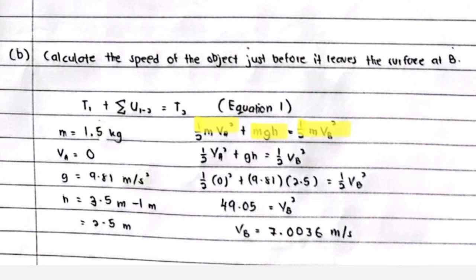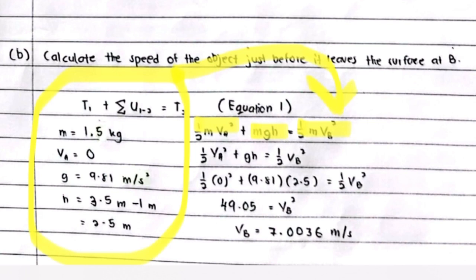Using all the data and information given, we put it into the equation we made, and we can solve and get the final velocity of the object before it leaves surface B, which is 7.0036 meters per second.